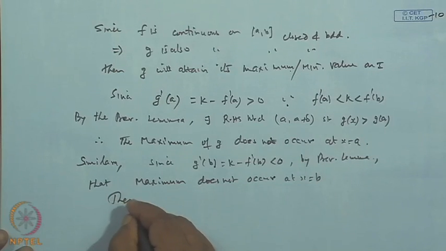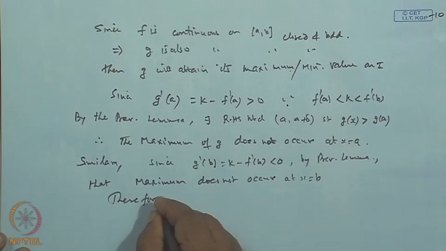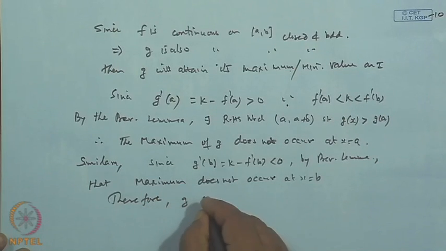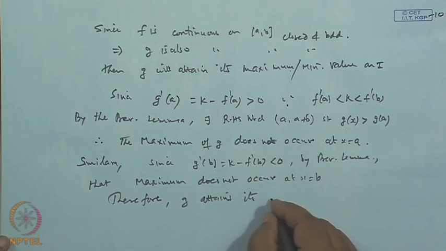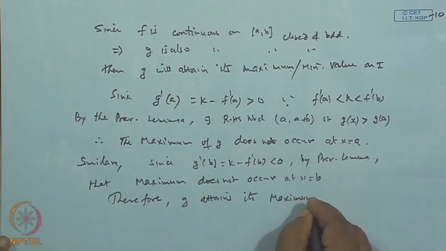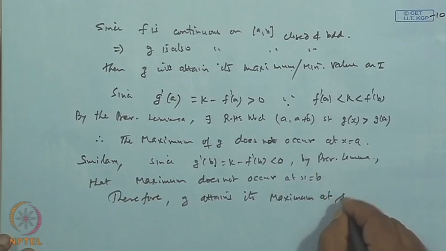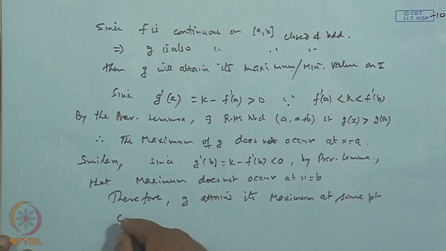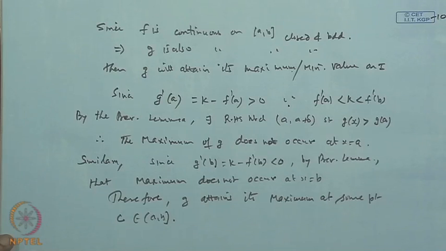Therefore, the maximum should be attained because g is continuous over a closed and bounded interval. So, g attains its maximum value at some point C which lies in the interval (a, b). Okay. Now, g is a function which has a derivative and the maximum is attained at some point.